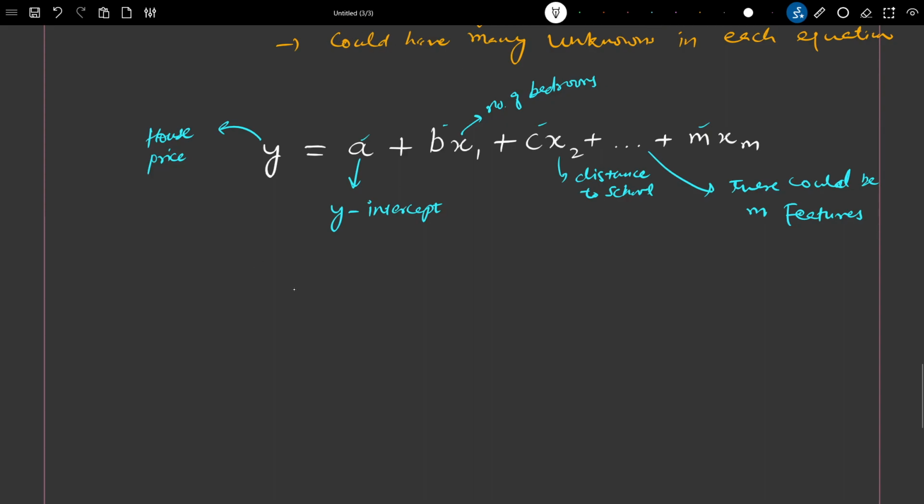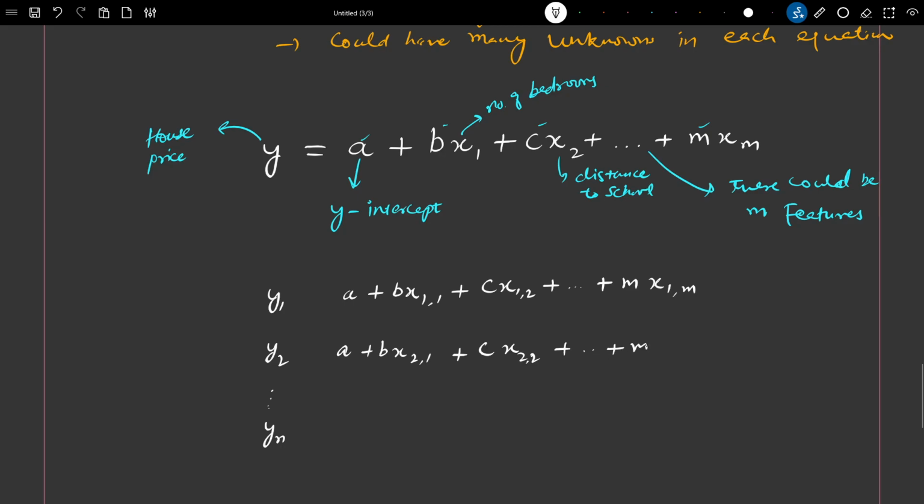Let's have a system of equations which has y1, y2 up to yn, and here we have a plus b x1,1 plus c x1,2 and up to x1,m, and then similarly a plus b x2,1 plus c x2,2 up to x2,m.